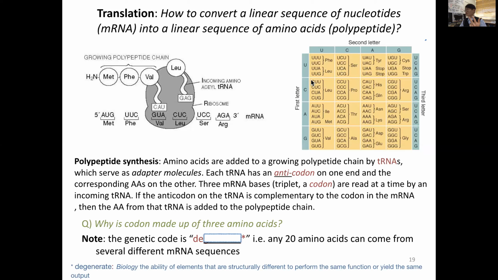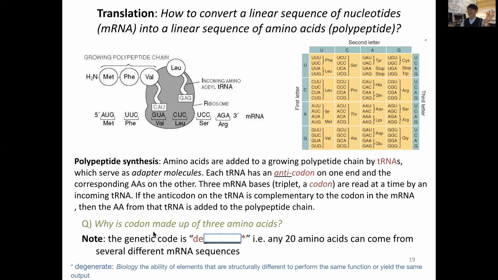And so the first letter is this, and the second letter can also be UCAG, and the third letter is UCAG. Then how many of these 3-letter sequences can be created, which is 4 times 4 times 4, which is 4 to the 3 or 64. And what is the final number of amino acids, which is 20.